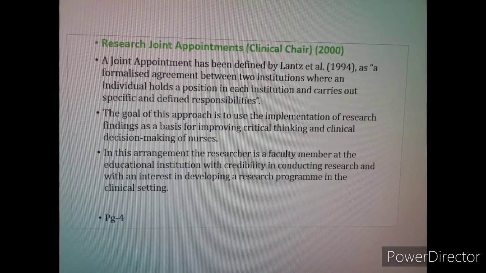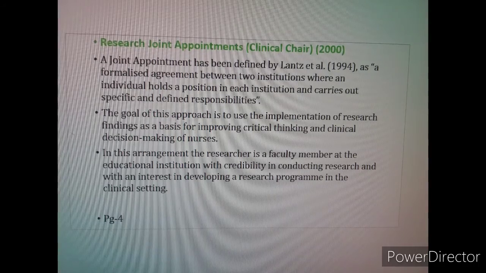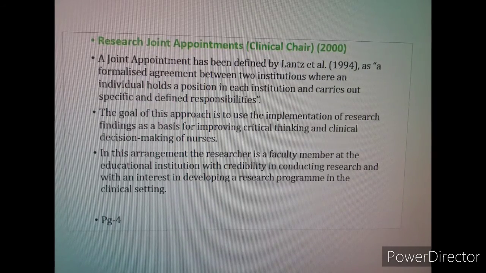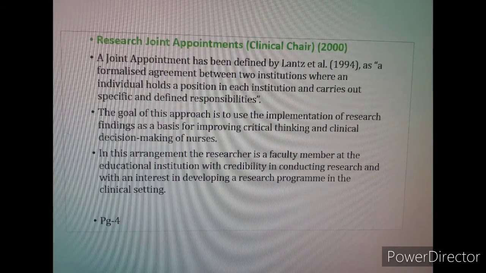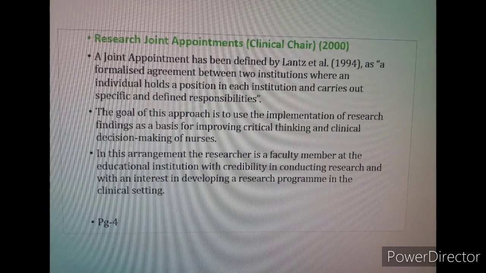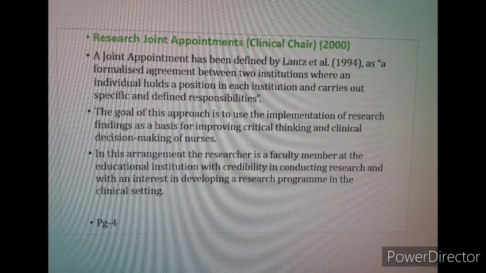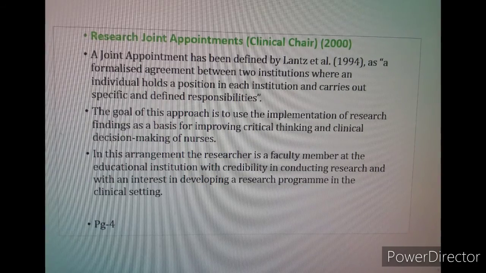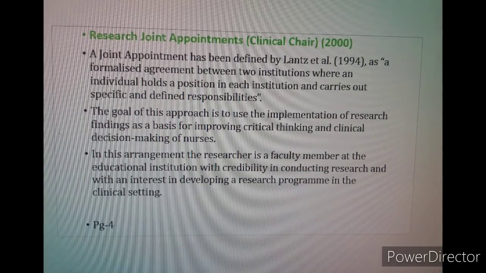The next model is considered as the research joint appointment clinical chair. It is a newer model, which was developed in 2000. I will just brief about this particular model, as the terminology itself is telling, it's all about research joint appointment. So again, we know there will be one particular faculty who works in the college.